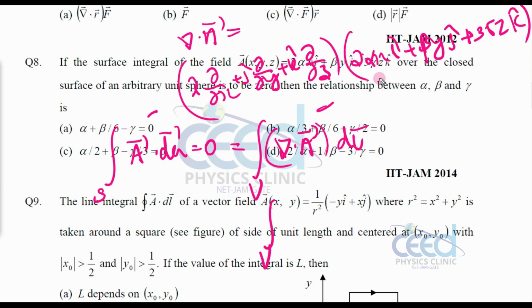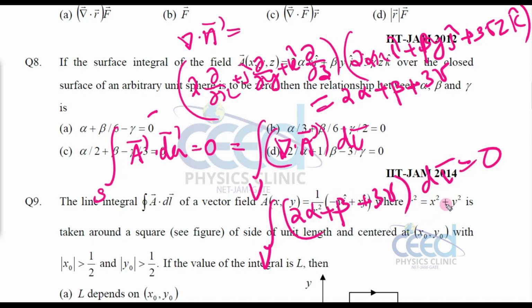When I substitute, ∂/∂x of 2 alpha x is 2 alpha, so 2 alpha plus beta plus 3 gamma. So this is equal to the integral of (2 alpha plus beta plus 3 gamma) dτ.